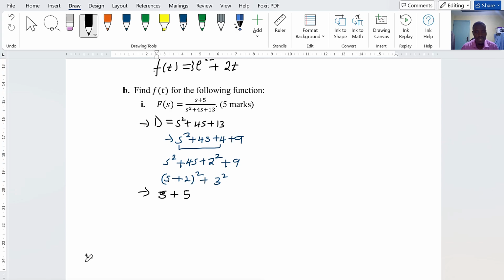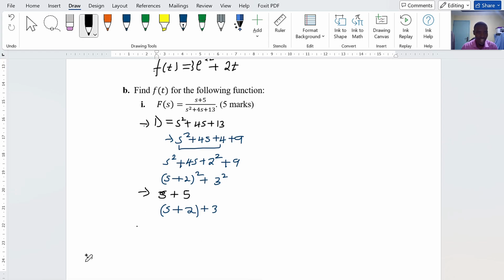You can see the shift here is s plus 2. So the shift is 2. So we need to make this one look like this. Now we'll have s plus 2 plus 3. We are just looking for how we can make s plus 5 have s plus 2 inside.